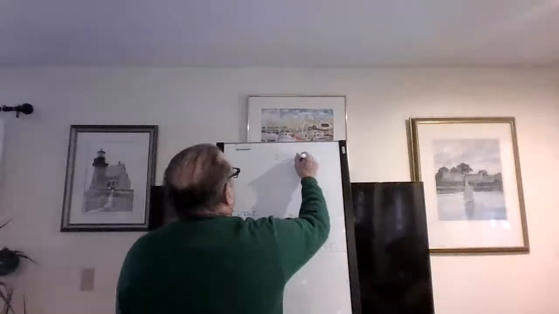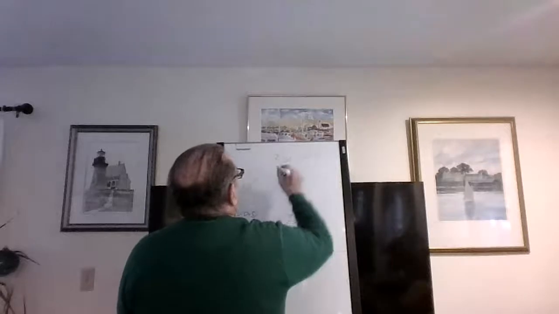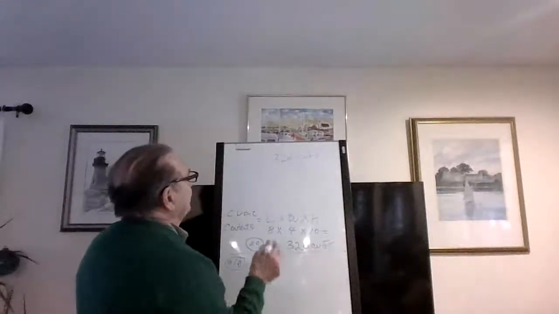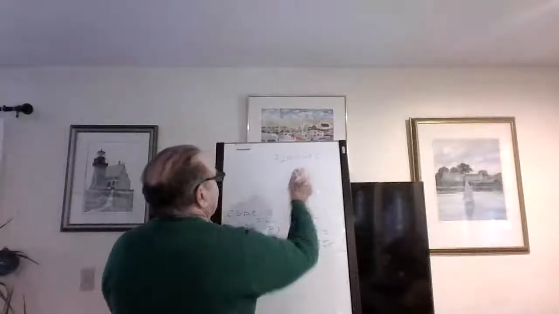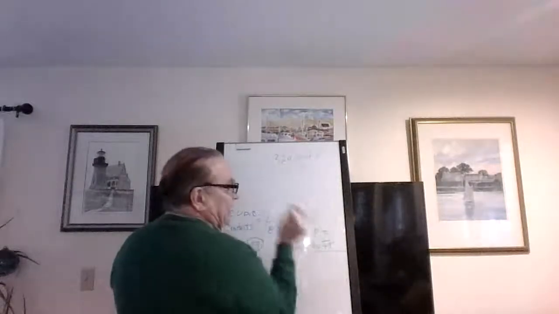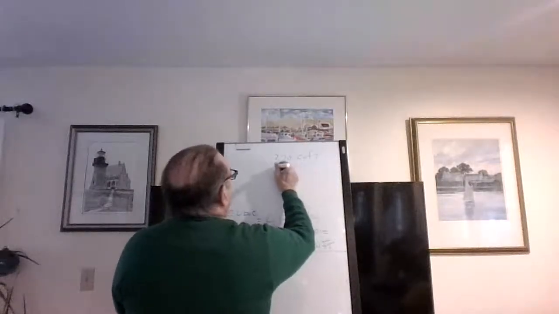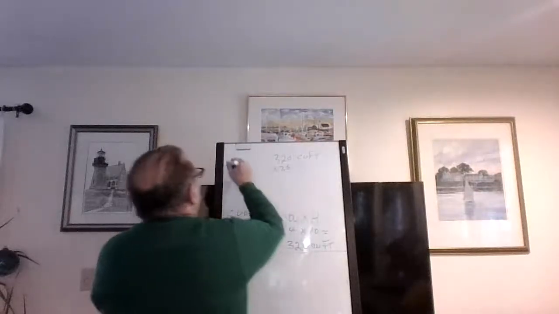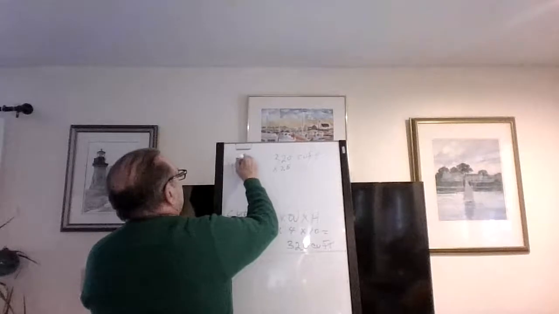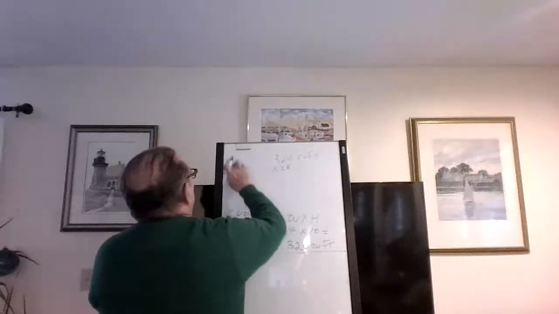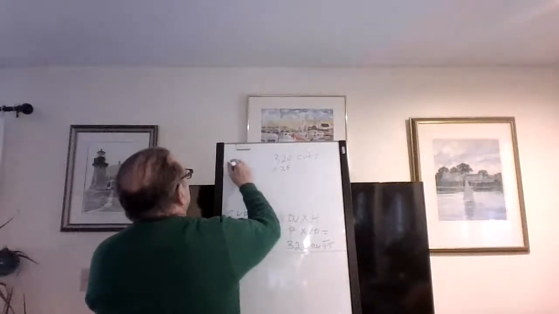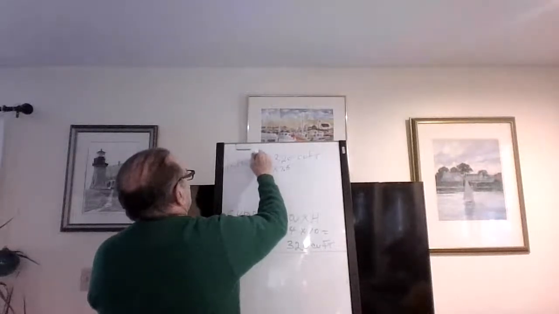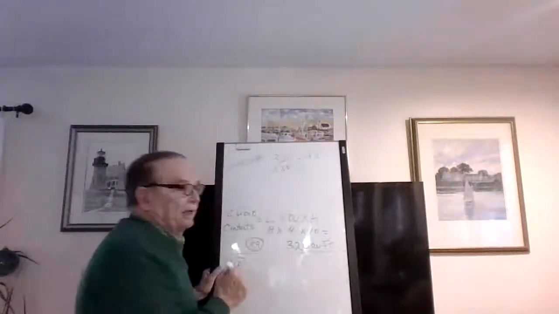320 cubic feet. Now, we've done this before, earlier in the year, maybe October, November, we did formulas. And if you remember, to convert cubic feet to gallons, you multiply by 7.5. Remember that, 1 cubic foot equals 7.5 gallons.